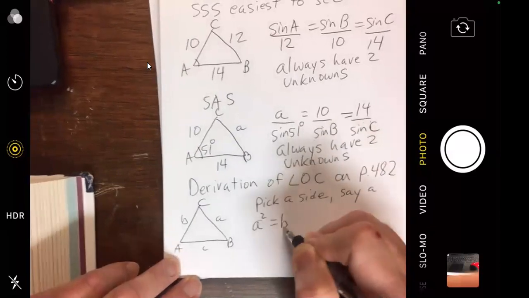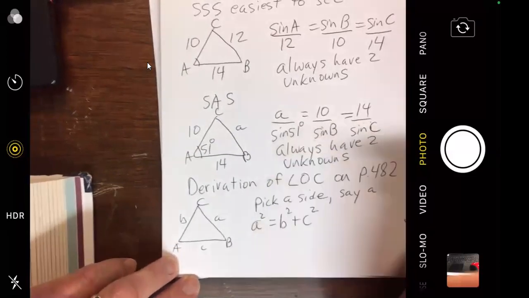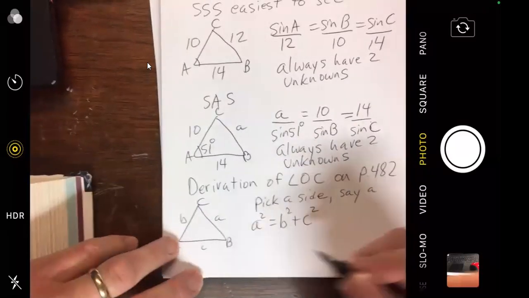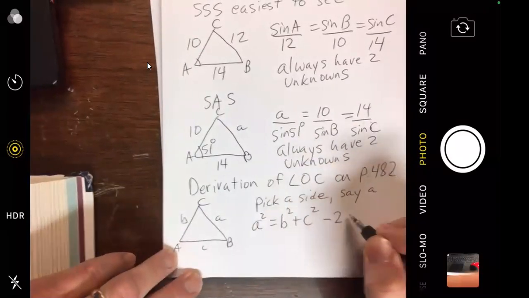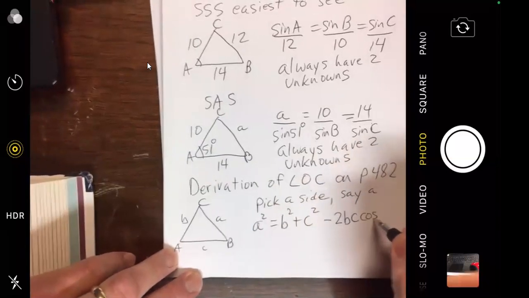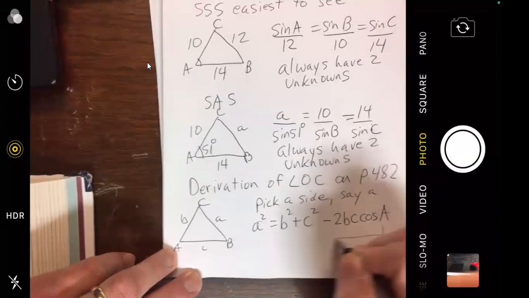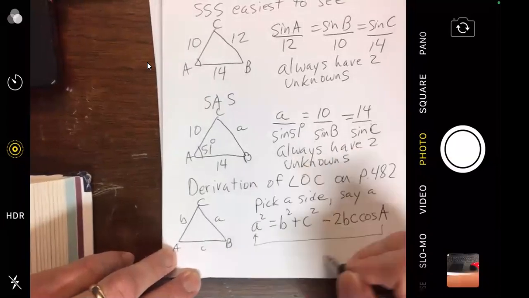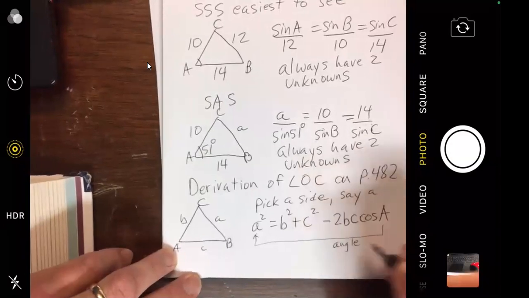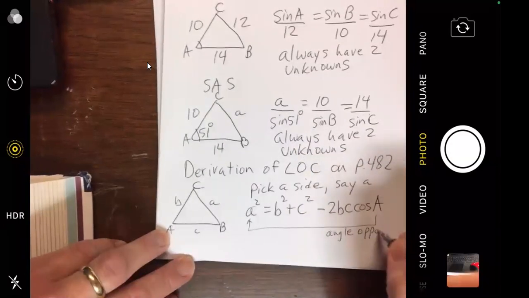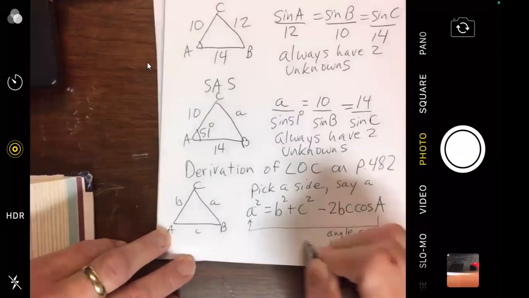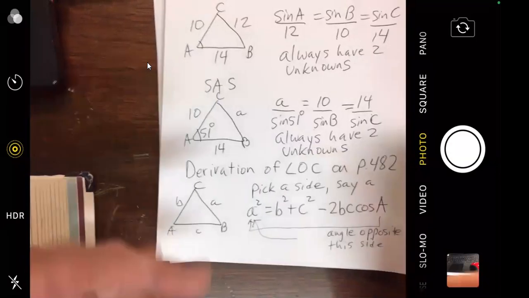It's the square of the other two sides, like the Pythagorean theorem, but there's a correction factor: twice the same two sides' product times the cosine of big A, and the trick is it's the angle opposite that side. This angle opposite this side. That's the scheme.